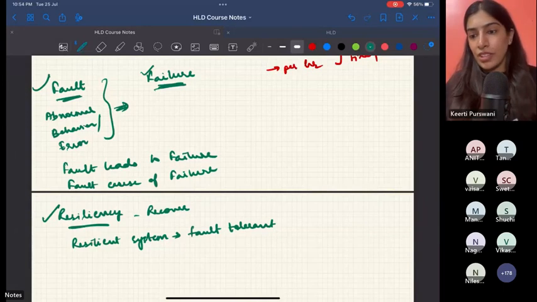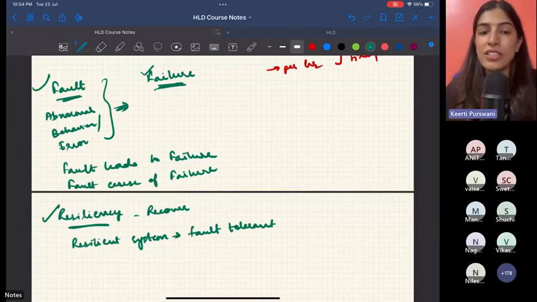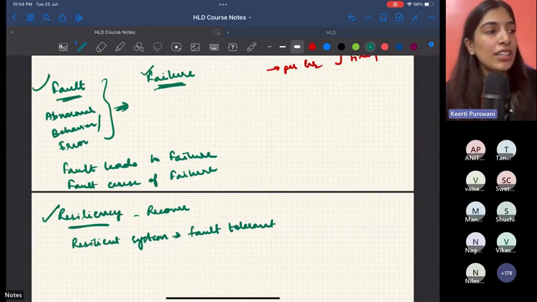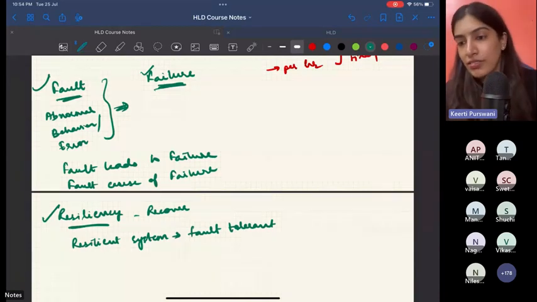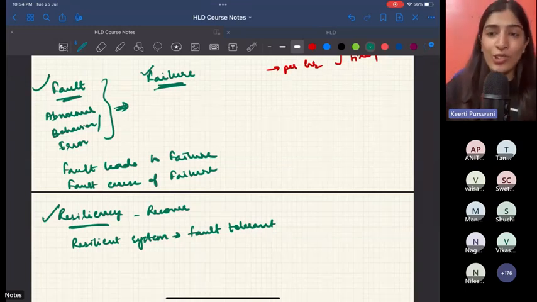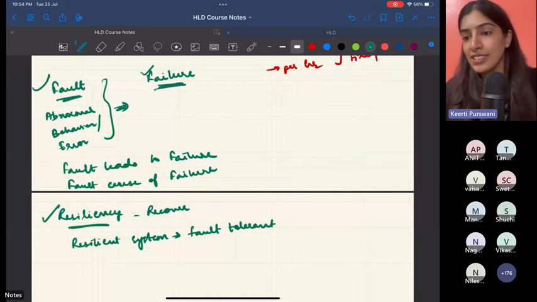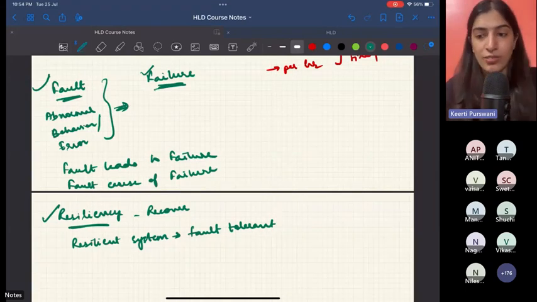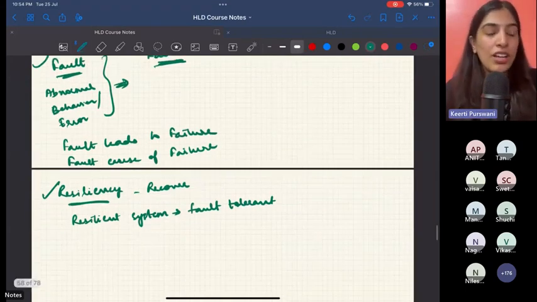Okay, can I move ahead? How do we measure resilience? We will discuss this in detail. There are ways to do it. I don't want to get into the details right now. There's less time. Cool.